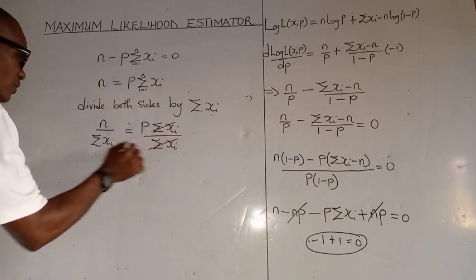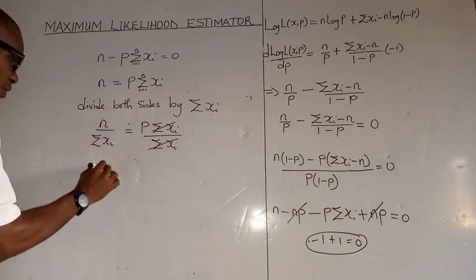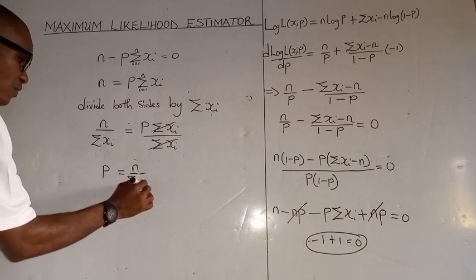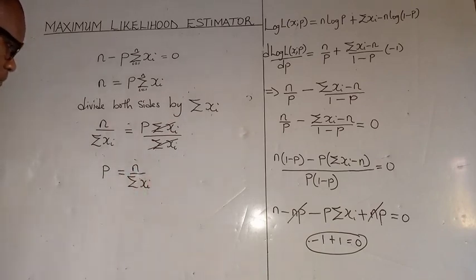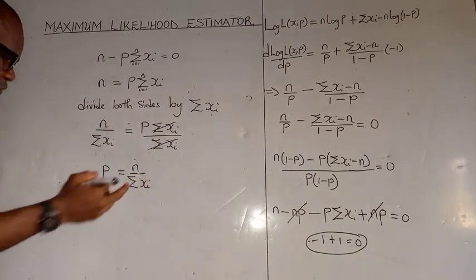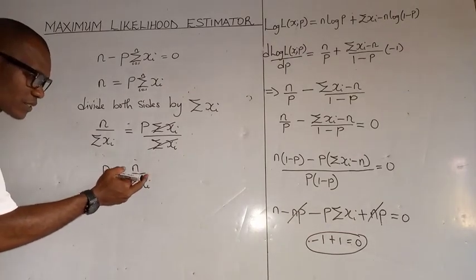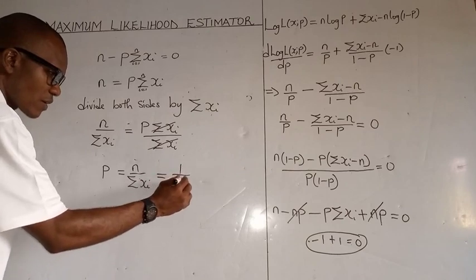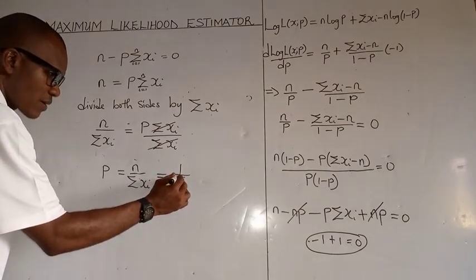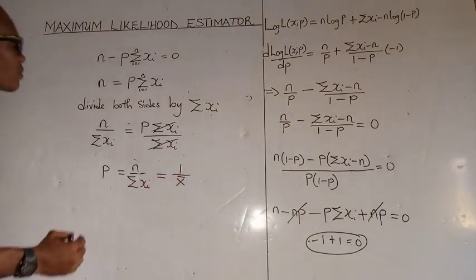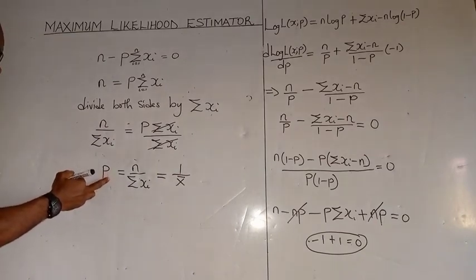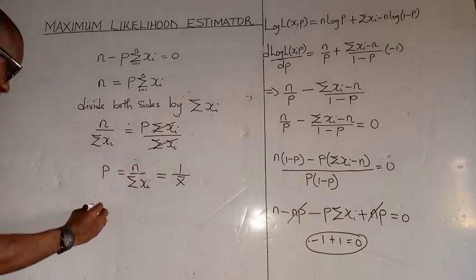So this will cancel this, and we are now left with P equal to n over summation of xi. If you watch out, you see that this is the inverse of x bar. So you have it as 1 over x bar. So it means the maximum likelihood estimate of P is this.